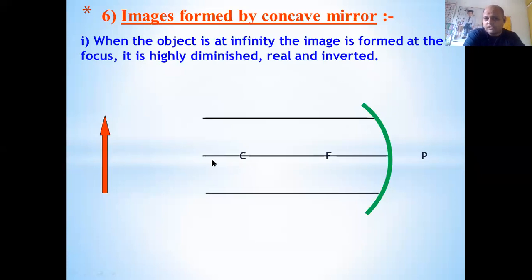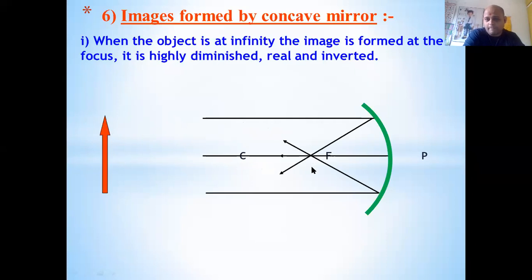This is the principal axis, the object is very far and these are the incident rays, one from the top, one from the bottom. When they come from a very long distance, they come parallel to the principal axis, and when they come parallel to the principal axis, they get reflected and converge towards F, the principal focus.